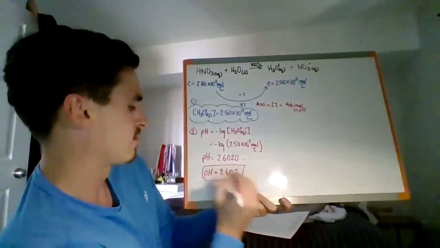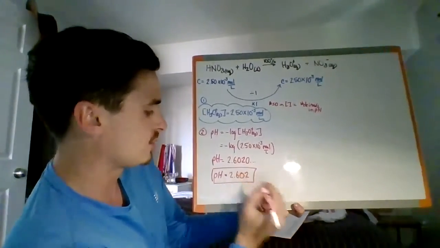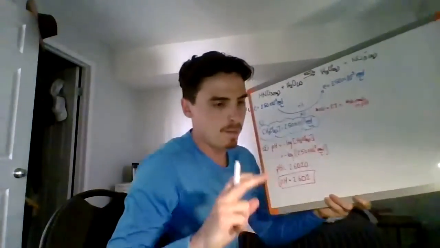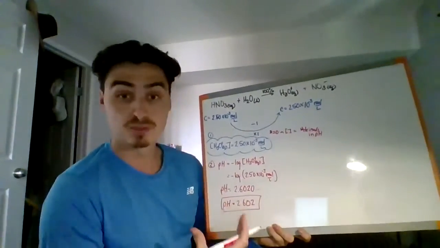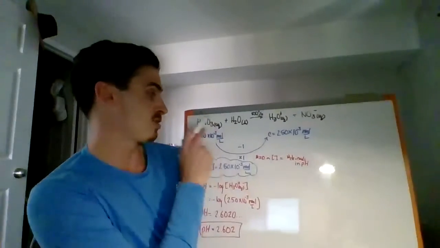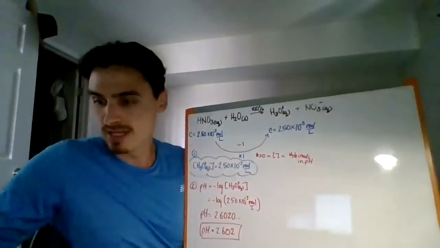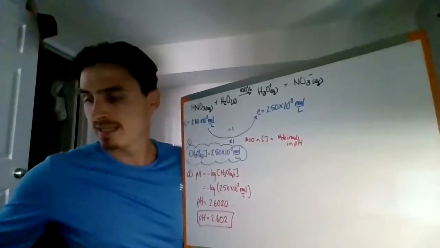Okay. Now, 2.602, is that number 7, below 7, or above 7? Okay, it's below. And if it's below, it means it's an acid, which makes sense because we have nitric acid. So far, it's all making sense to us, okay?